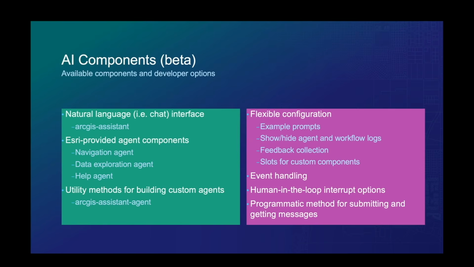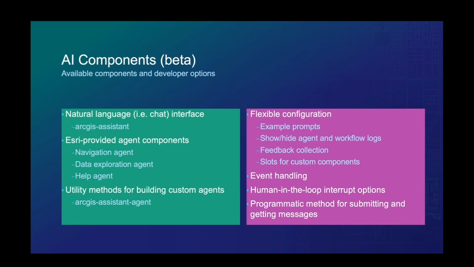As well as options for human in the loop. That's important. We'll show an example of that in just a minute. Because AI is non-deterministic in nature, if you're not careful, it could perform destructive actions to your data, and you definitely want to avoid that.